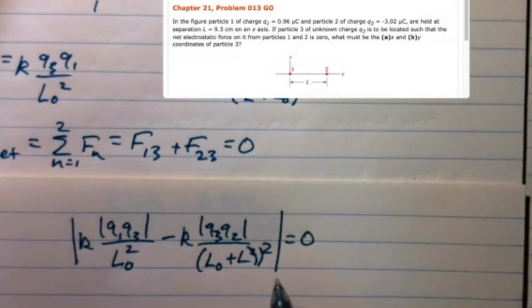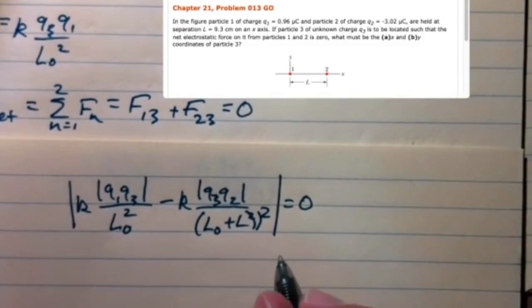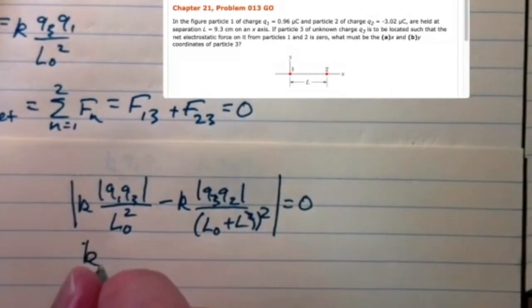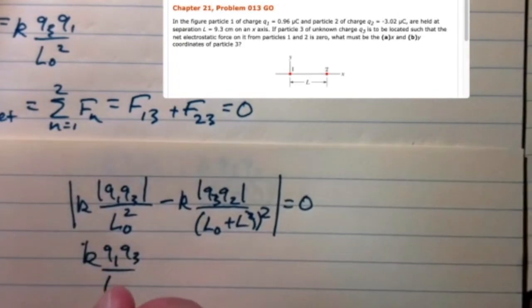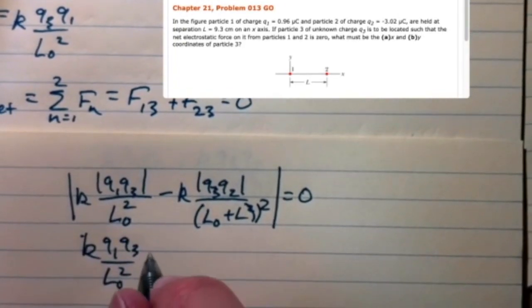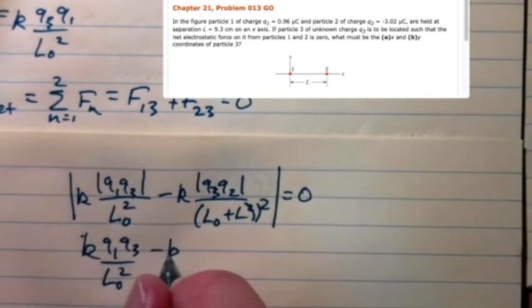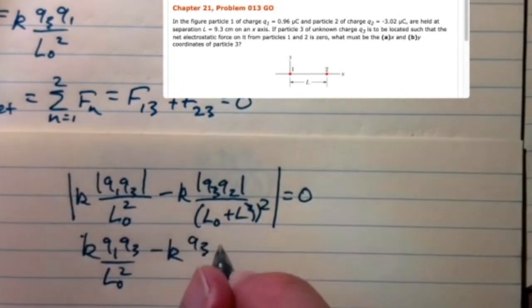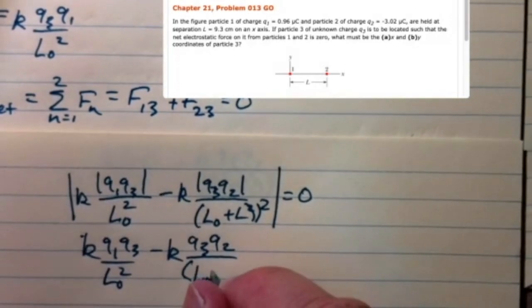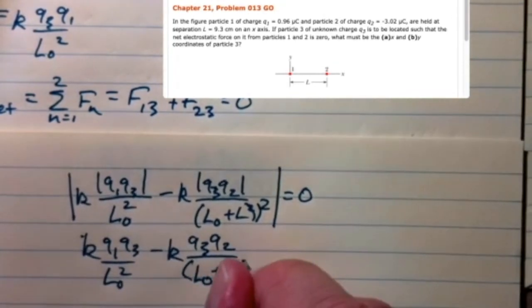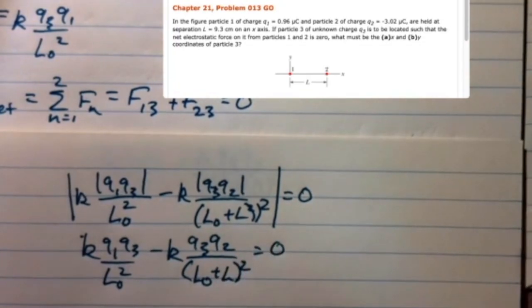Okay, so now my equation becomes K times Q1 times Q3 over L0 squared minus K times Q3 Q2 over L0 plus L squared equals 0.